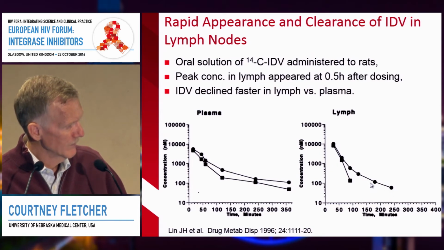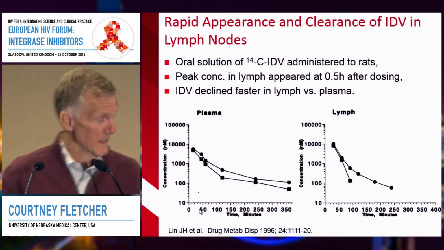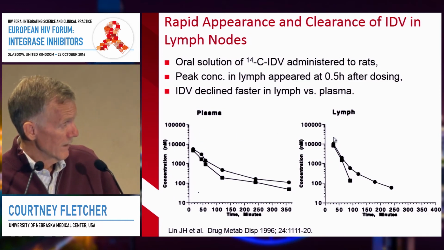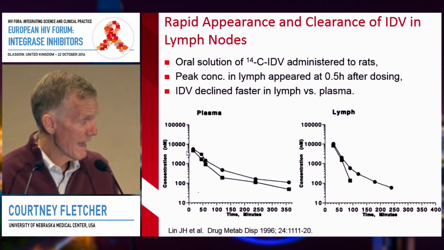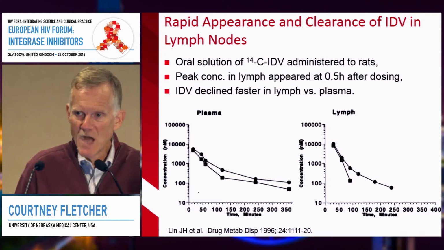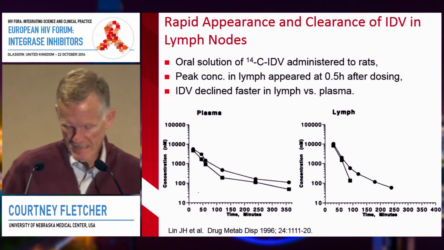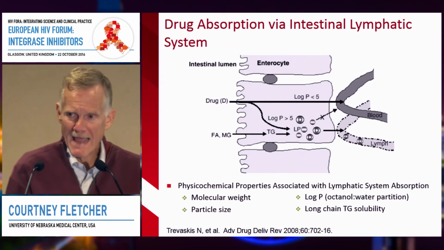Much, much faster in the lymph than in the plasma, indicating the drug was getting in, in fact getting in very quickly and reaching concentrations in lymph comparable with plasma, but it was exiting much faster. So it was just not being retained in this organ.